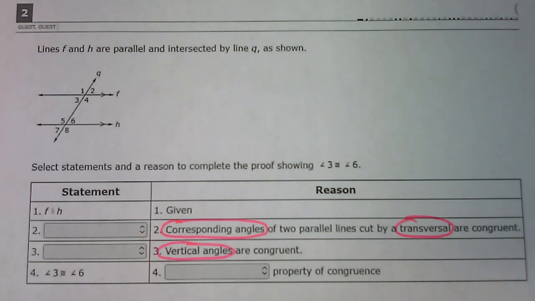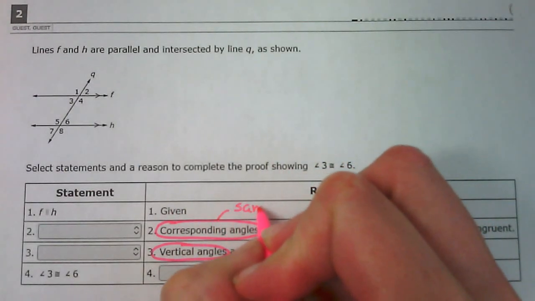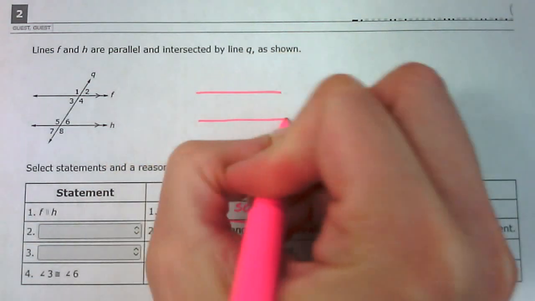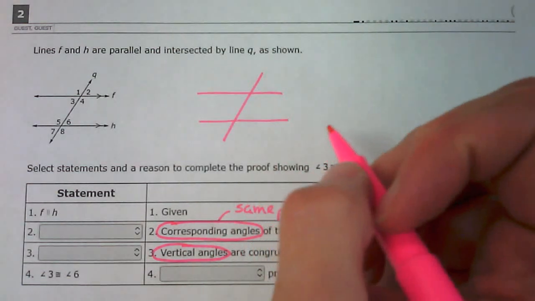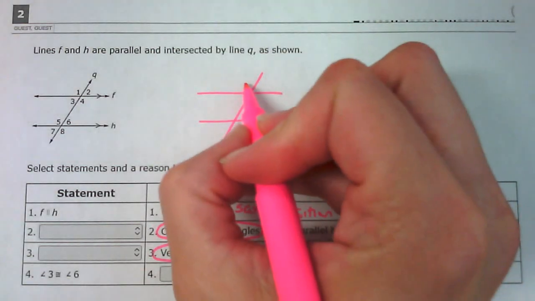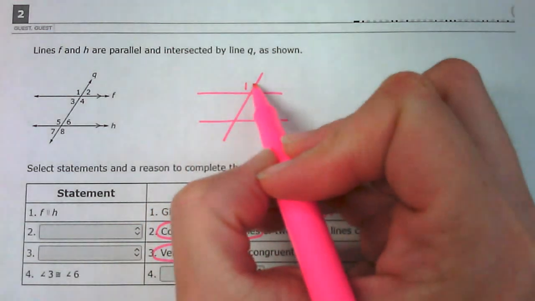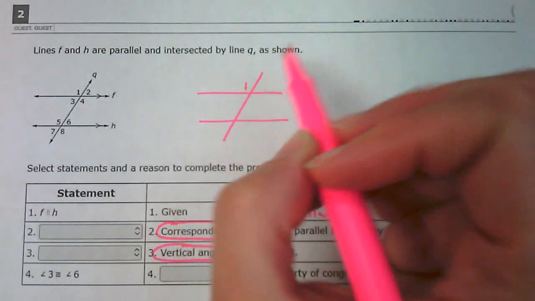Corresponding angles mean that they're in the same position. So what do I mean by that? If I had a picture like this, our corresponding angles sit in the same position. Like angle 1 here sits above the line and to the left of this other line called the transversal.